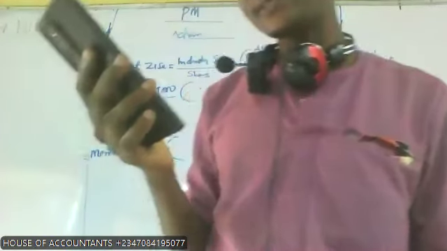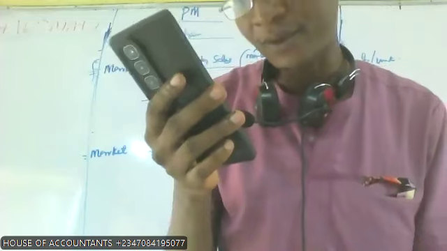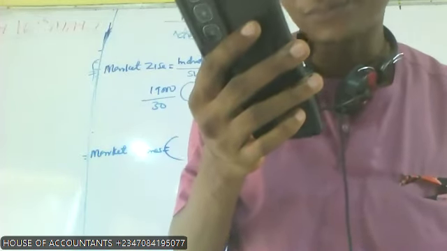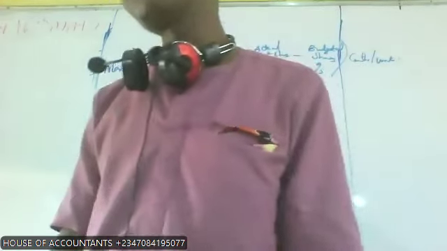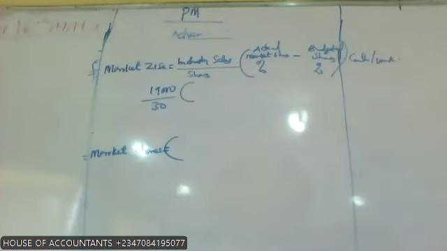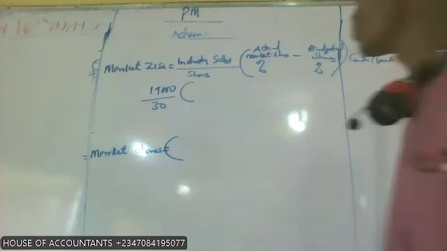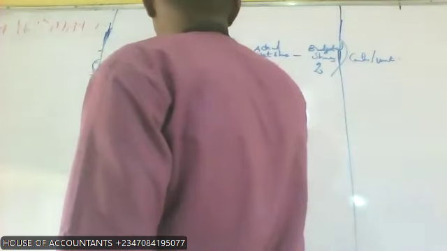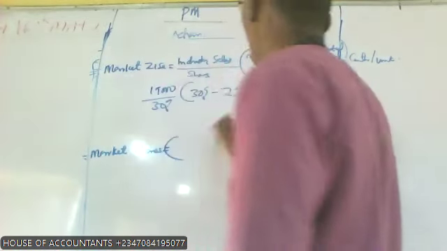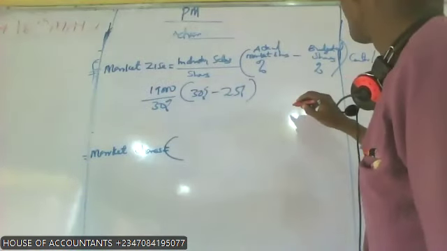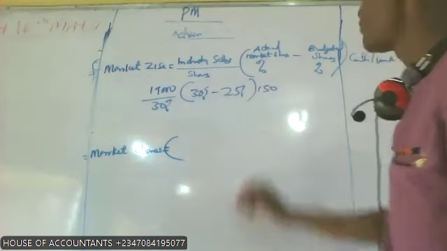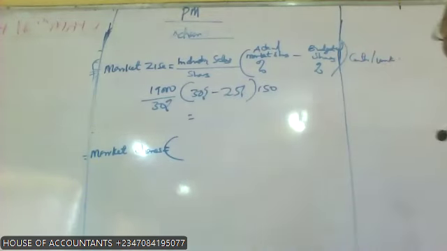Are we not getting the formula right? That is industry minus actual market size, projected, and then contribution. So we are right. What is actual market size in the question? 30%. So this is 30% minus 25%. I hope we know where we are getting this figure. Then multiply by contribution per unit, which is 150. What do you get when you calculate this?